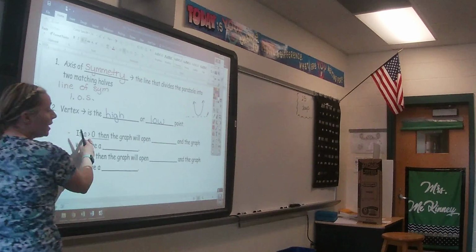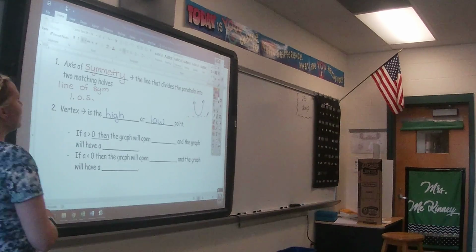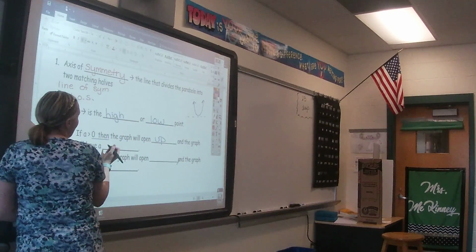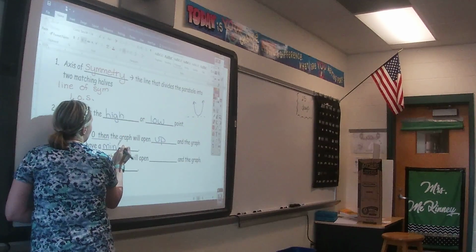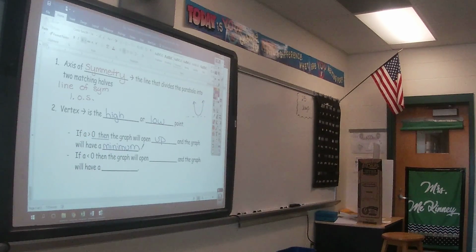If a is greater than 0, so ax squared, if that a value is greater than 0, then the graph is going to open up and the graph will have a minimum. It will have a low point. What types of numbers are greater than 0?